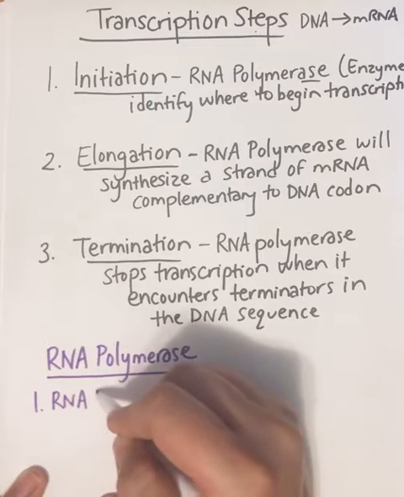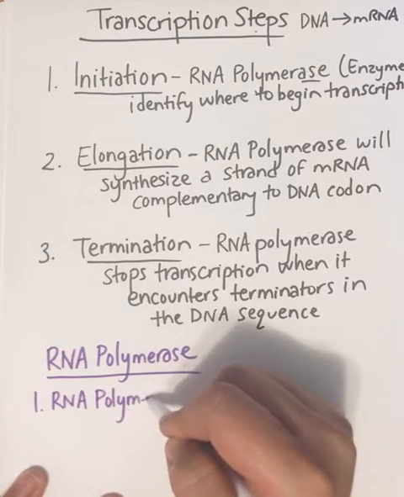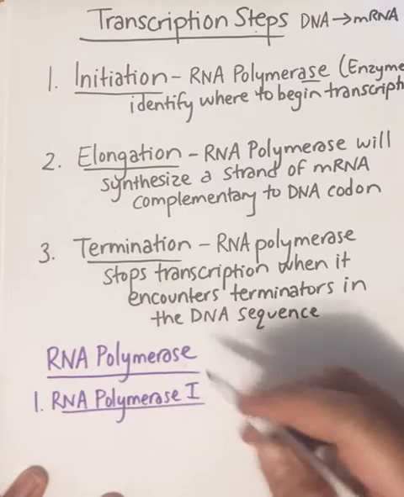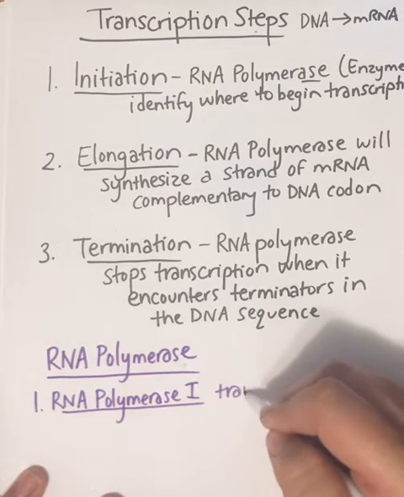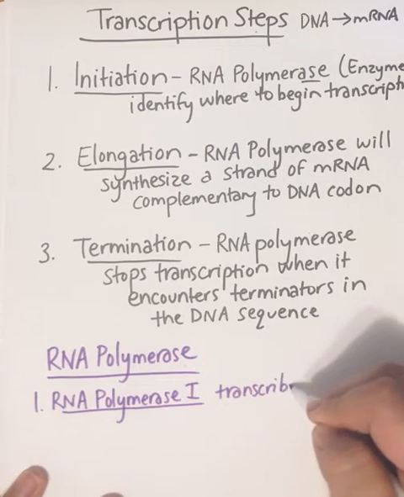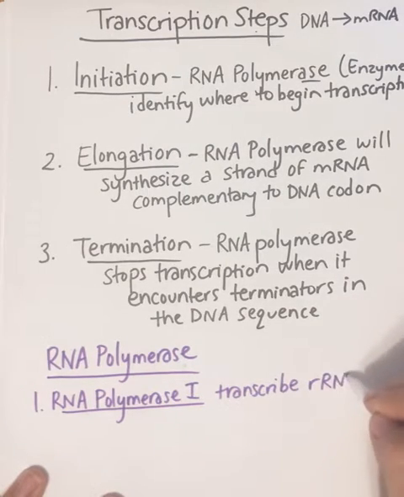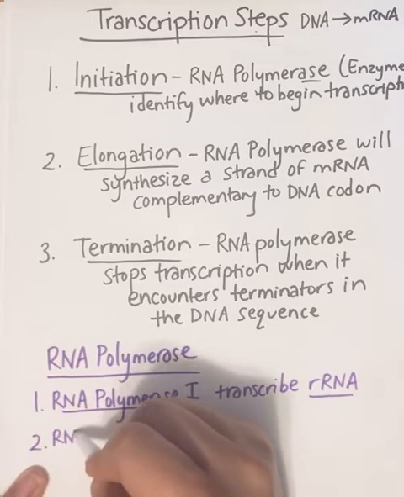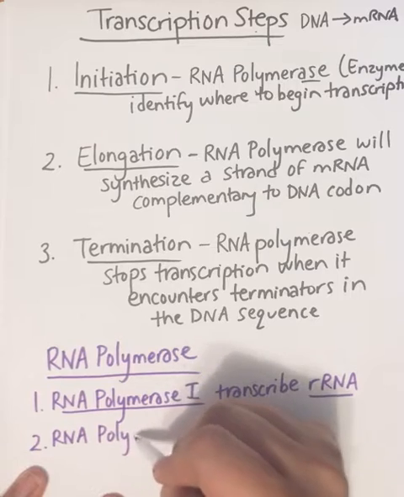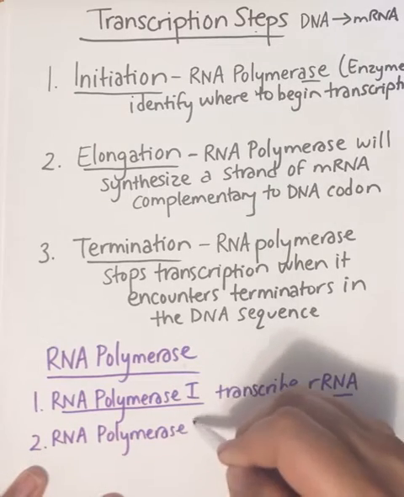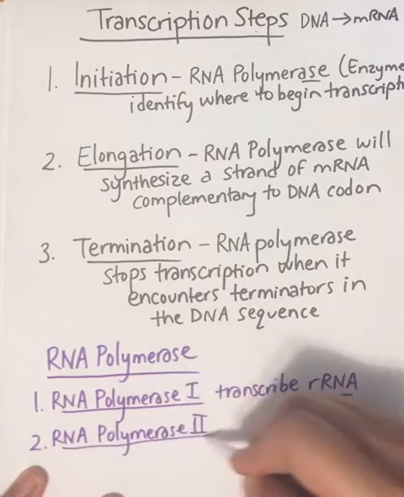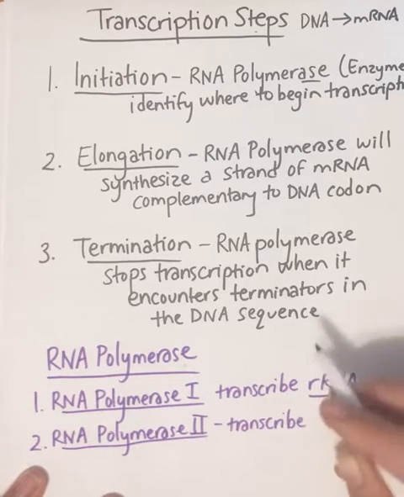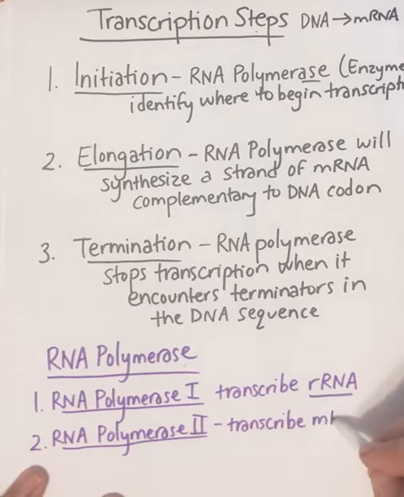RNA polymerase 1 is going to transcribe rRNA, which is going to make up your ribosomes. RNA polymerase 2 is going to transcribe mRNA.